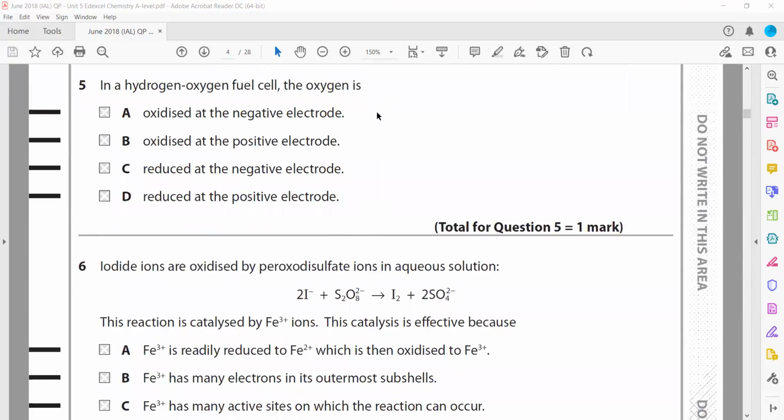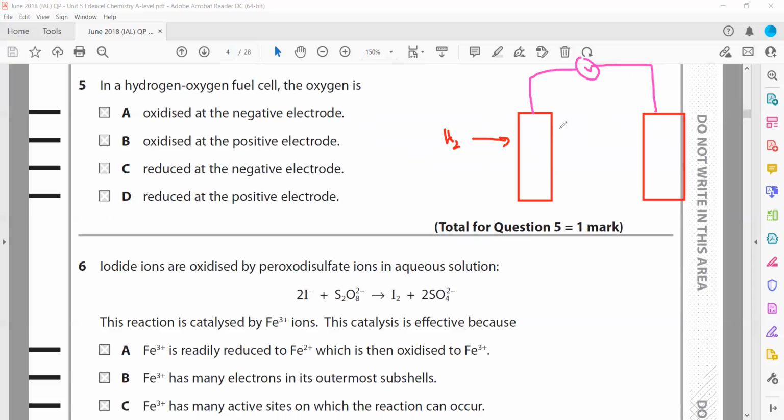In a hydrogen oxygen fuel cell, what happens to oxygen? Basically, you have two electrodes. D is the right answer. In a hydrogen fuel cell, the hydrogen molecule added here will lose electrons and form protons.